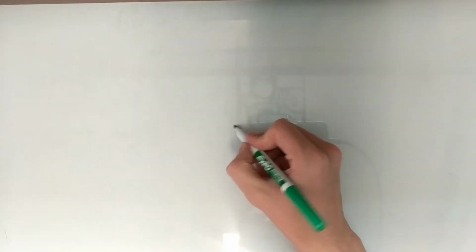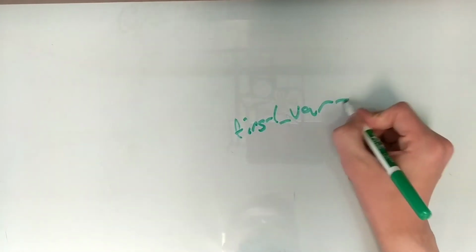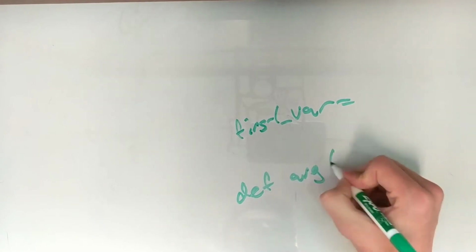Just really quick, so you guys aren't confused later, the way grading works in this class is there's an auto grader. So we as the TAs won't be grading anything. The auto grader will just look at your specific functions and variables. So you'll have a variable like first var, and you might have a function like average, I think is one of them.